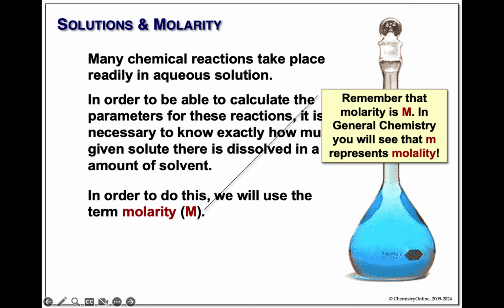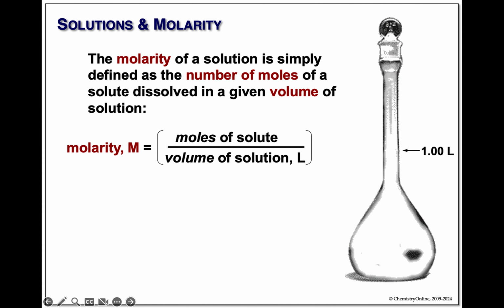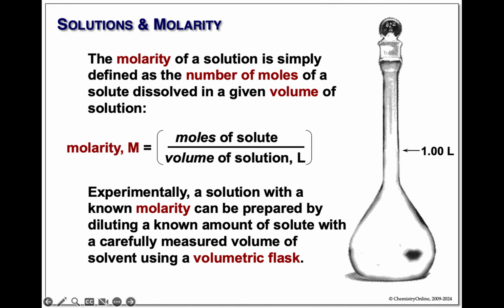Now the way you make a solution of known molarity: we're going to take a solute of some sort. We're going to carefully go into lab, and we're going to weigh it out, so we know exactly what mass we have. We know what the stuff is, you know its molar mass, and you know the number of moles you're dealing with. So you take that and transfer it to your empty flask.